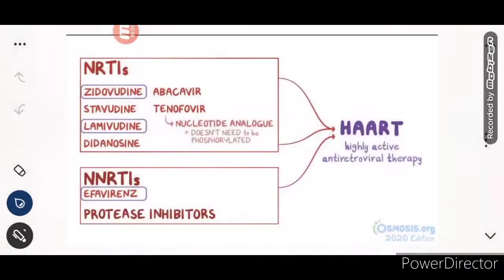Now some of the examples are zidovudine, stavudine, lamivudine, didanosine, abacavir and tenofovir. The non-nucleoside reverse transcriptase inhibitors, which we'll learn in the next class, have the example efavirenz. Efavirenz, protease inhibitors and NRTIs are combinedly used for HAART, the highly active antiretroviral therapy.